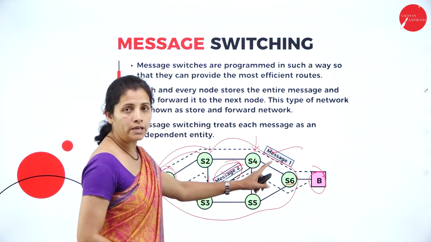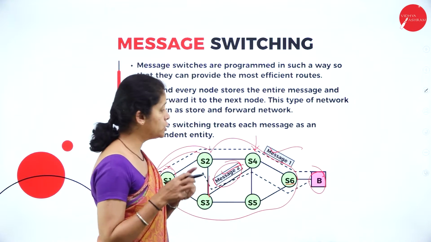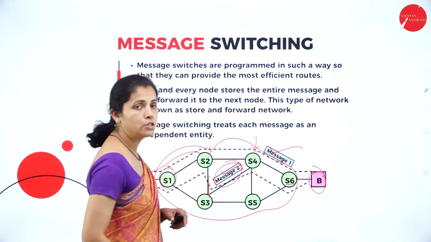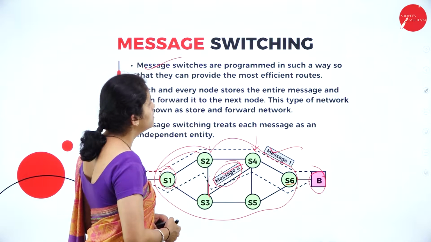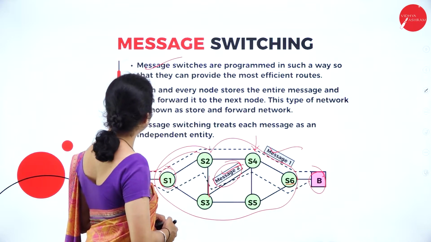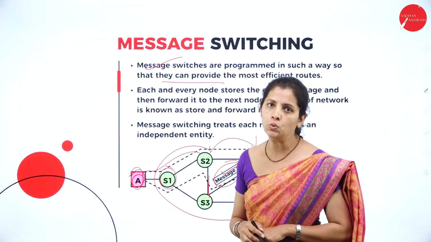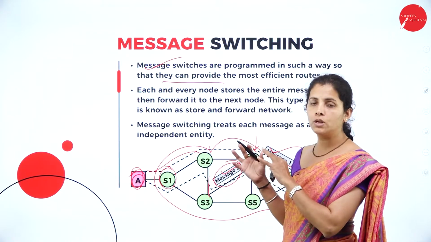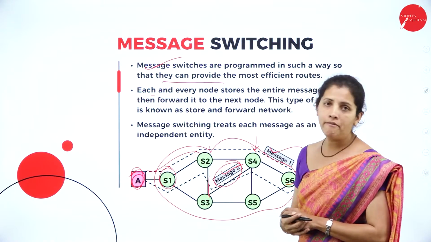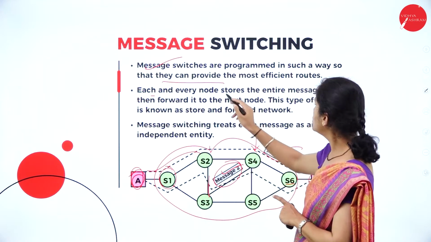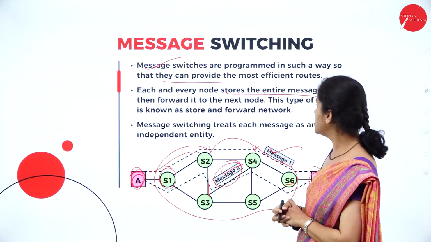S6 is an intermediate node responsible for storing message 2 and forwarding it to B. So here message switching is programmed in such a way that it can provide the most efficient route. We focus only on the best route. Each and every node is responsible for storing the entire message, then forwarding the message.